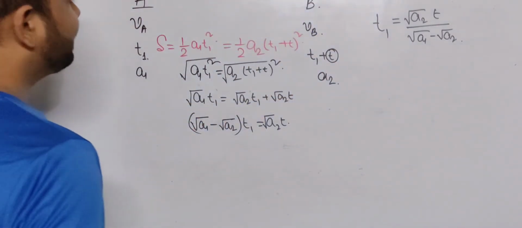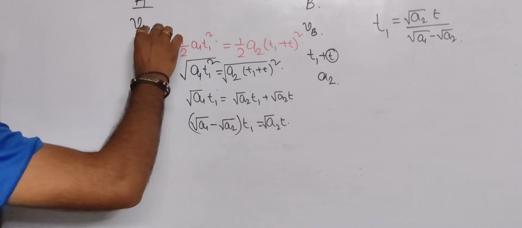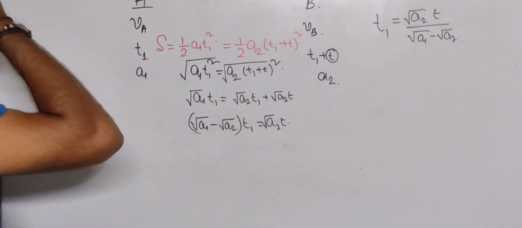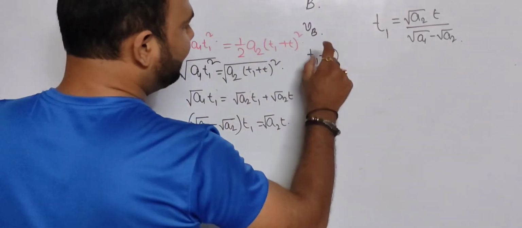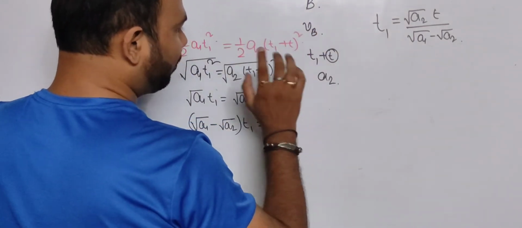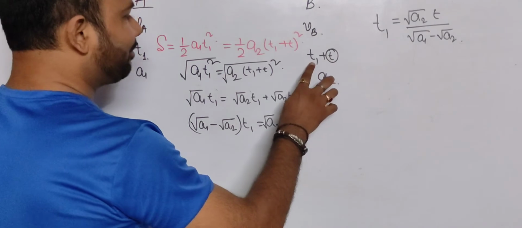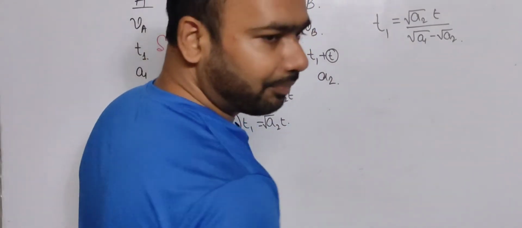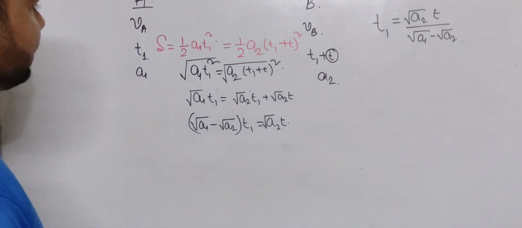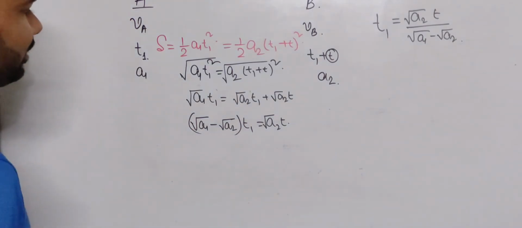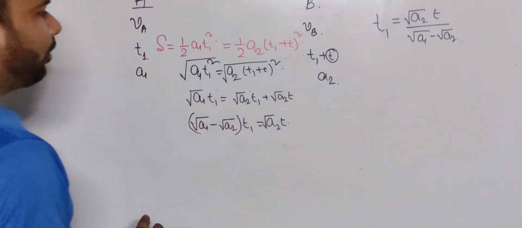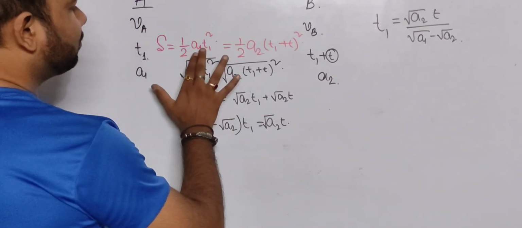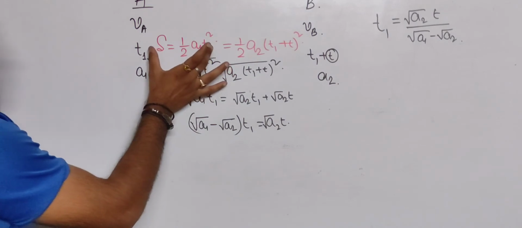What was the concept? The concept was the velocity VA, time t1, acceleration a1, and VB takes more time. Now this t is given, but we consider t1 ourselves. That's why we find the time t1. Time is known by using the concept of displacement.